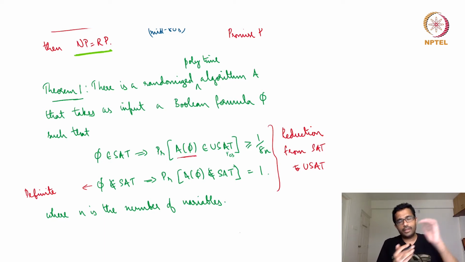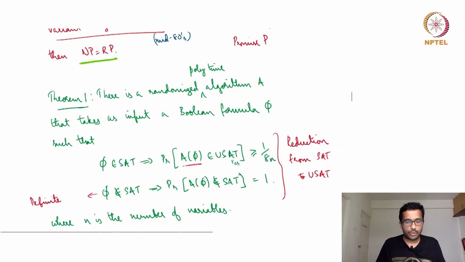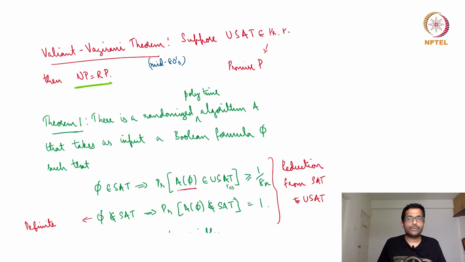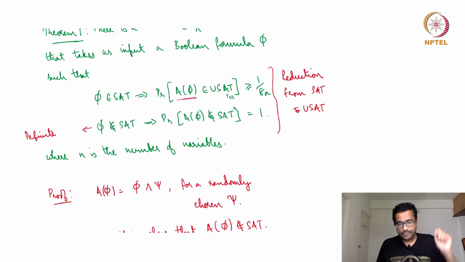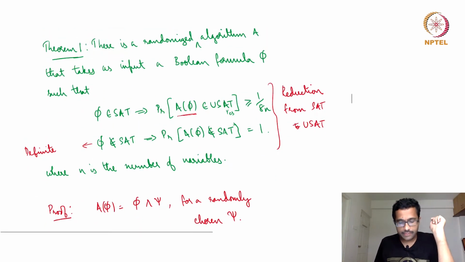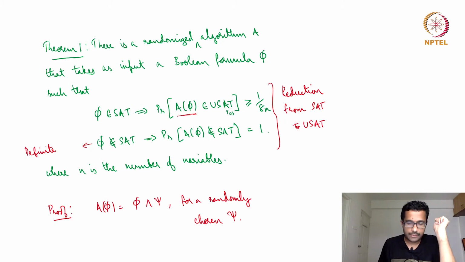So we have a randomized polynomial time algorithm for any language in NP, which is what the statement says, NP equal to RP. So that's the statement, and this is the main theorem that we will spend most of the time on.